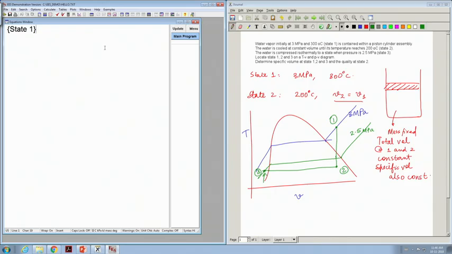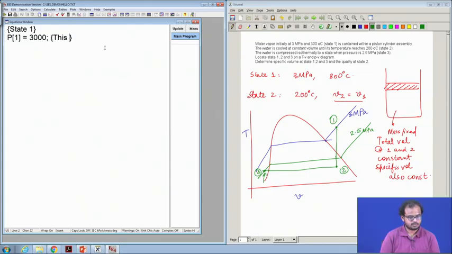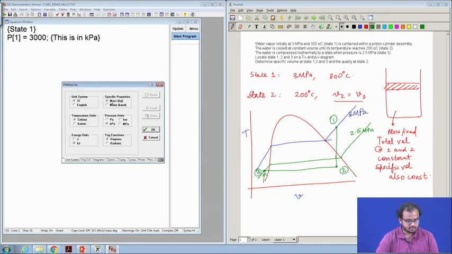State 1 is P equal to, so let us define it inside an array, so that it will be convenient for us to plot. P1 equal to 3000. This is in kilopascal, because we recall the units over here that the pressure is in kilopascal.